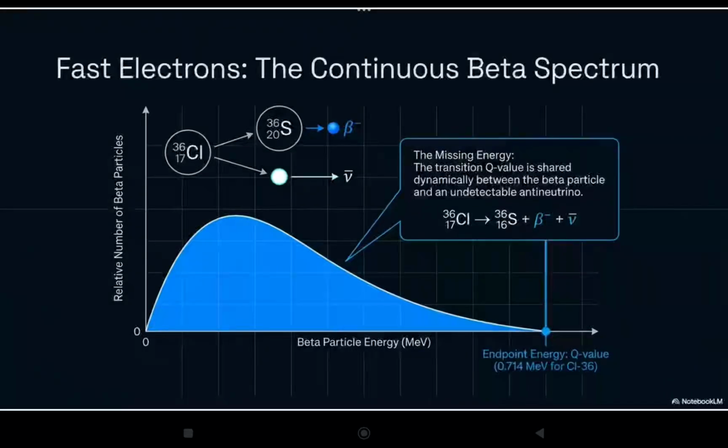In the example of chlorine-36, the end point is about 0.714 MeV. This continuous distribution is why beta sources behave differently from gamma or alpha emitters, and why endpoint energy matters when we are considering shielding, detector response, or calibration geometry.